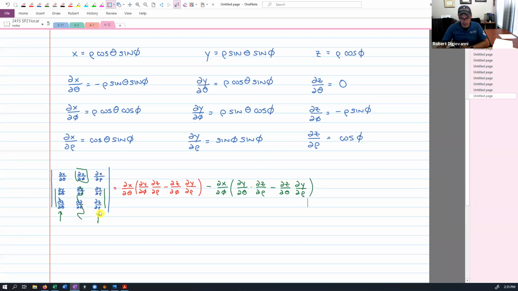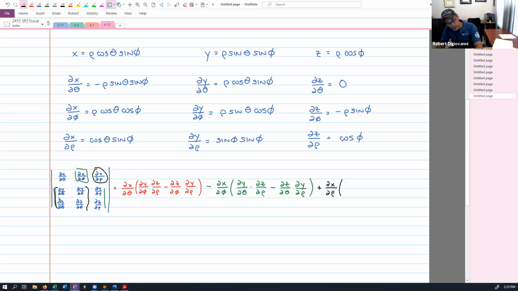Just double checking here. I think I got it. Last one. This, and I'm doing the determinant on those two. So it'll be a plus partial x with respect to rho.